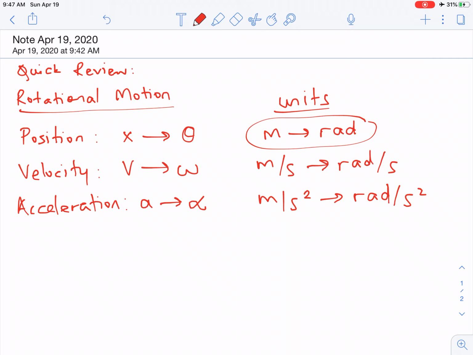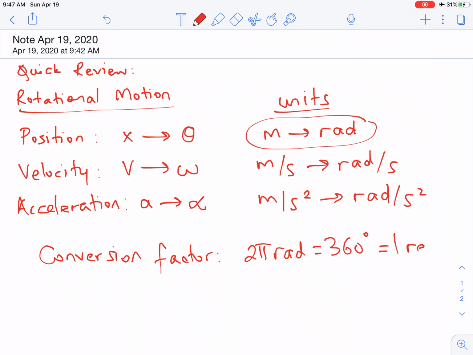So let's think about the conversion factor for that. We have 2 pi radians, and you don't need to write radians, but I'm just going to emphasize it. It's 360 degrees, and that is 1 revolution. So that was the conversion factor.